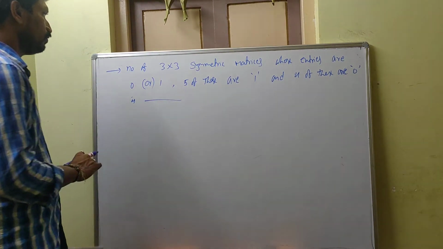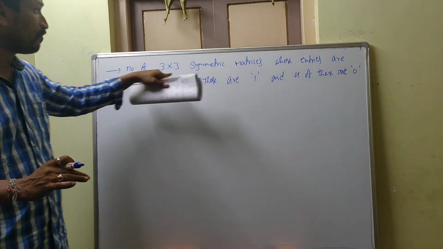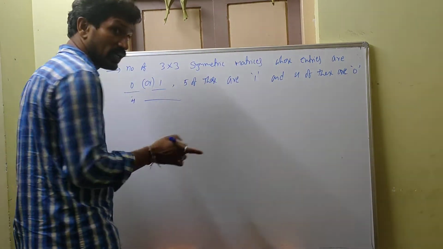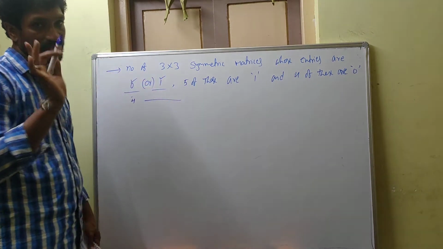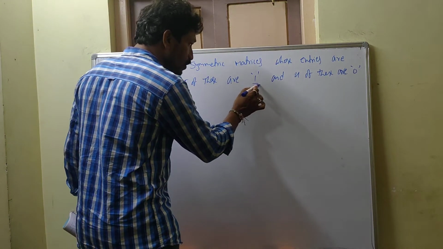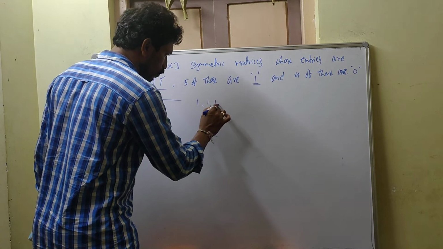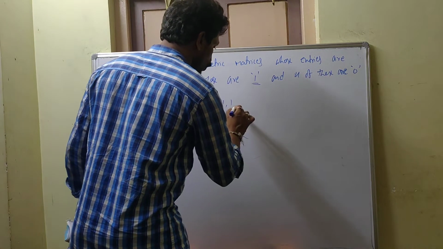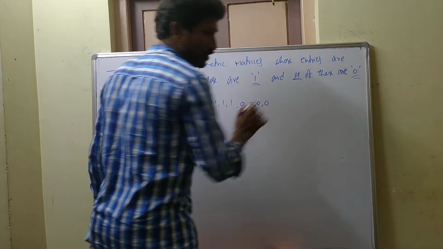See the question here, very clear. The number of 3 by 3 symmetric matrices whose entries are 0 or 1. In that symmetric matrix, the entry should be either 0 or 1. Don't take other numbers. That too, we have to take 1 five times, that means 1, 1, 1, 1, 1, 5 ones. And how many 0s should we take? 0, 0, 0, 0, zeros four times.